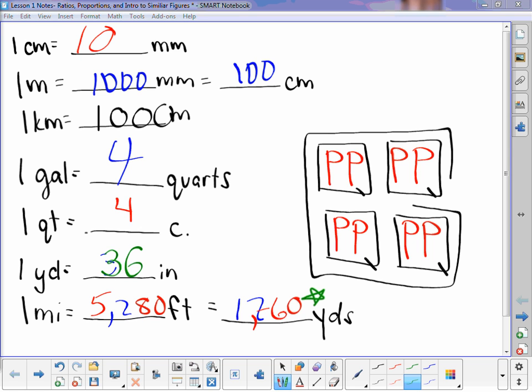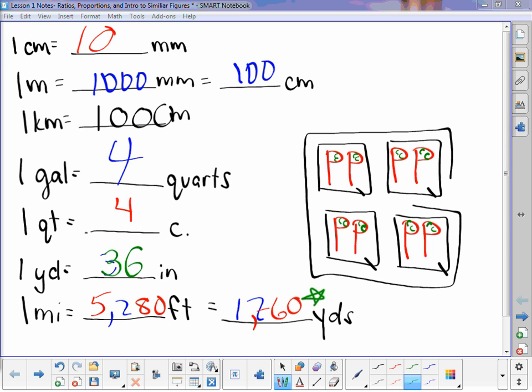And in each pint, how many cups are in just 1 pint? 2. Therefore, in 1 quart, there are going to be 4 cups. Alright, so whatever method you use is fine, but make sure you remember the method.